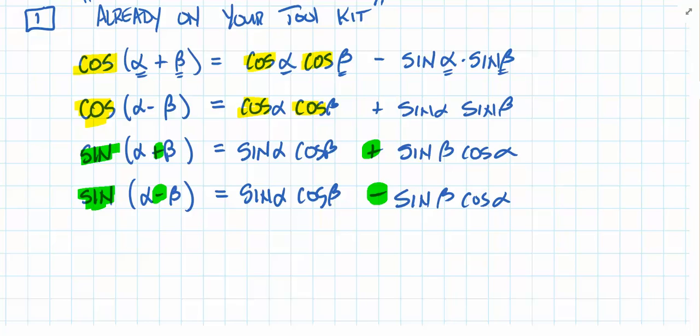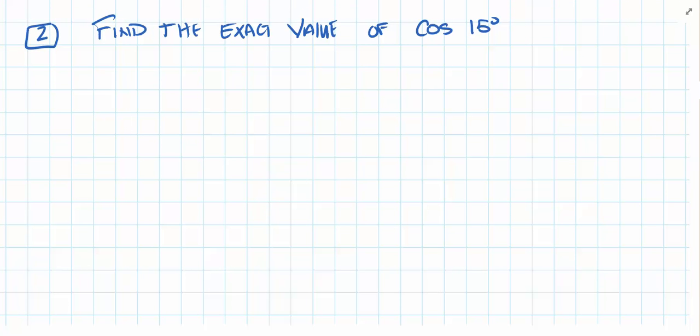This example is asking us to find the exact value for the cosine of 15 degrees. Unfortunately, 15 degrees isn't a really nice, easy angle to work with. However, we do have angles that are nice and easy to work with on the unit circle. One of those angles happens to be 30 degrees.